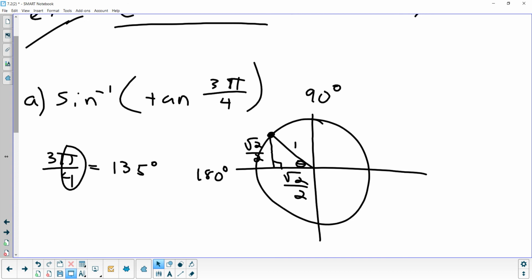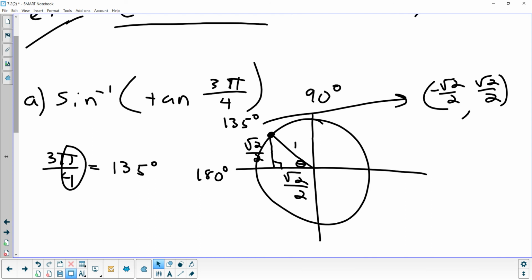So if we were to write this 135 degrees as a coordinate, what would the x value be? Negative square root of 2 over 2. And the y value? Square root of 2 over 2. And the tangent is y over x. So what do you get when you divide y by x, or opposite over adjacent in this case?